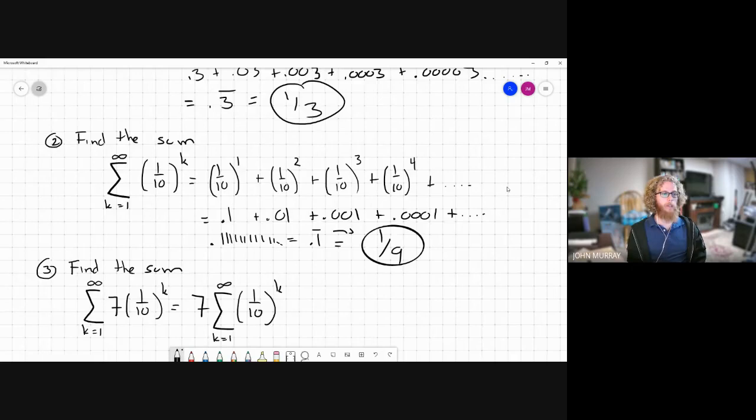Well, we already figured out that the sum from 1 to infinity of 1 over 10 to the k is 1/9. So I'm going to substitute 1/9 for this. And my answer is just going to be that 1/9 times that coefficient I had, 7. That's going to be 7/9.